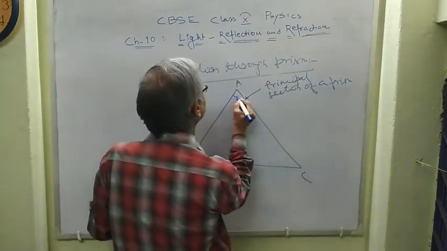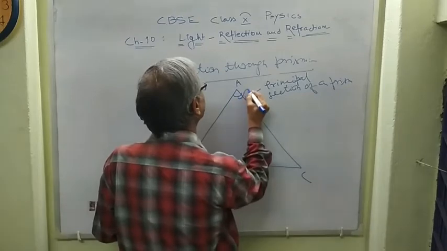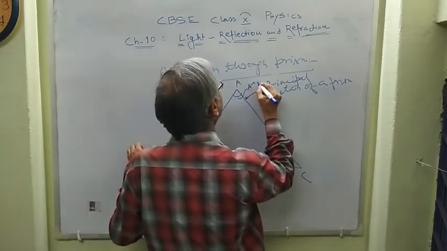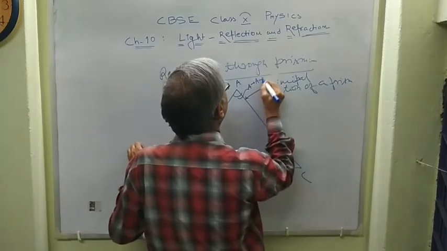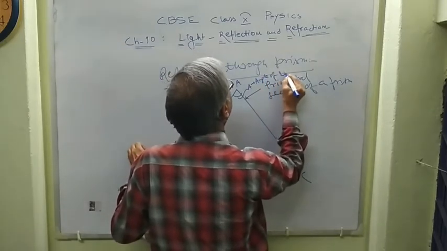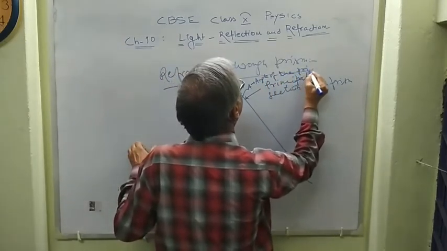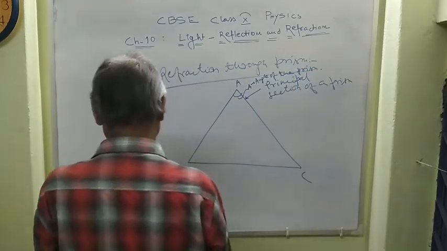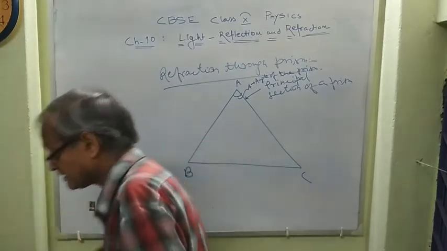This is the angle of the prism A, right? A be the angle of the prism. This is the angle of the prism. Right? Now we draw in a different color.